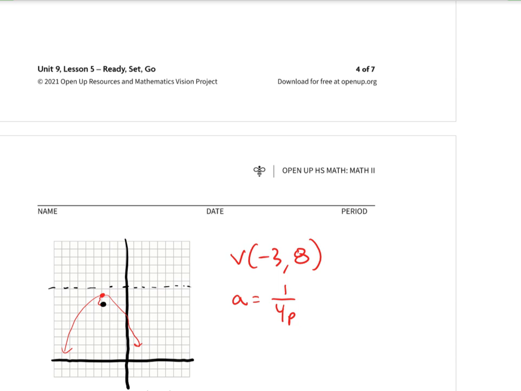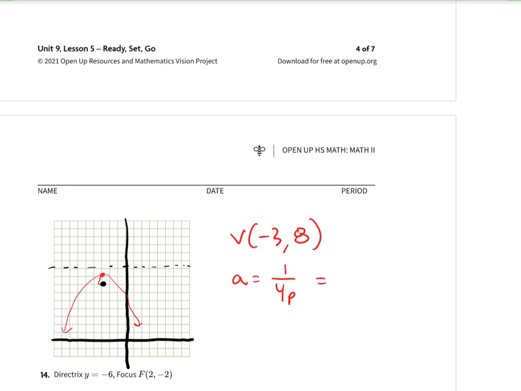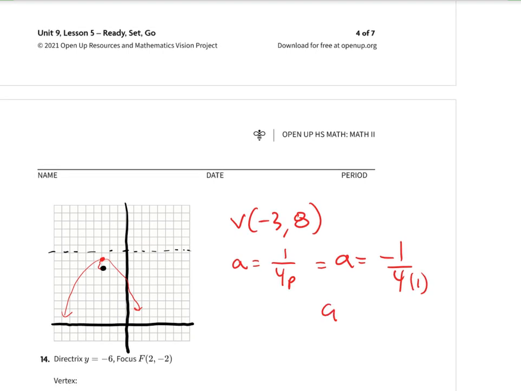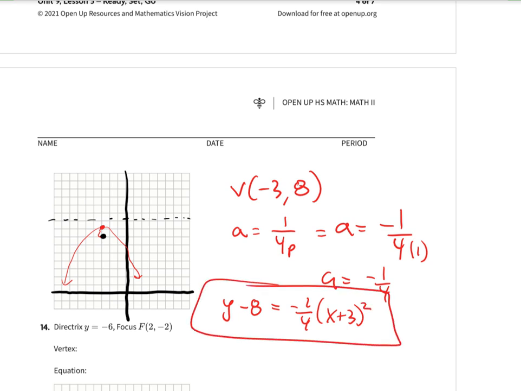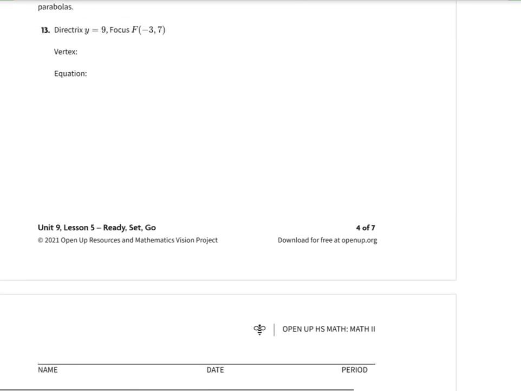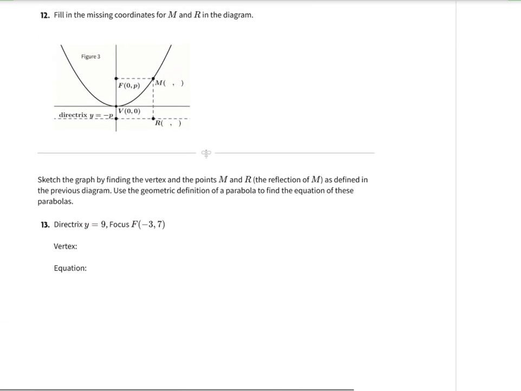So a is equal to negative 1 over 4 times 1, so a is equal to negative 1/4. So when we write out this equation, we can say y minus 8 equals negative 1/4 (x plus 3) squared. And that'll do it. That was number 13.